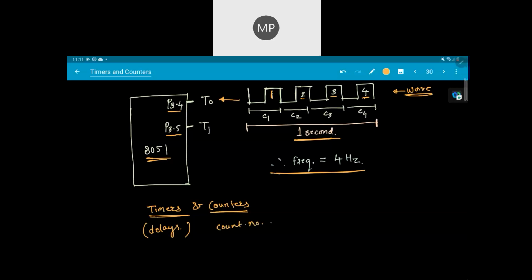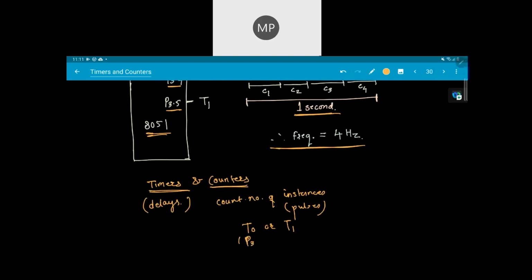Count the number of instances, or in short, pulses applied to either T0 or T1. You can say at pin 3.4 or pin 3.5, right? So these two things we have to keep in mind.